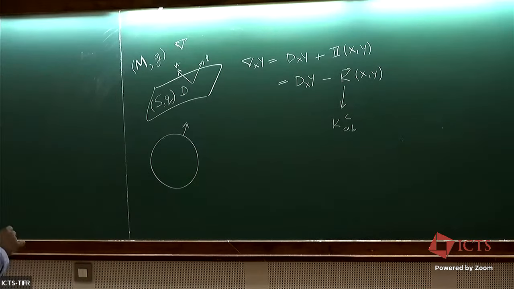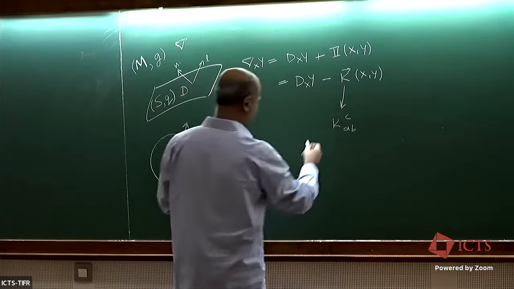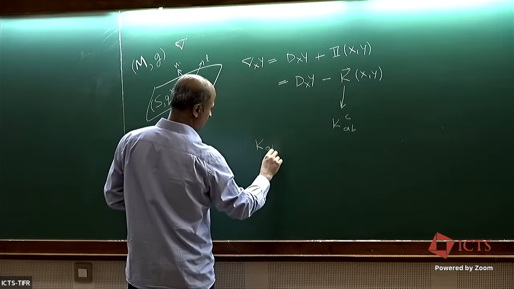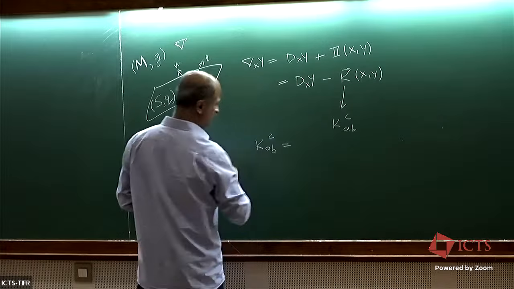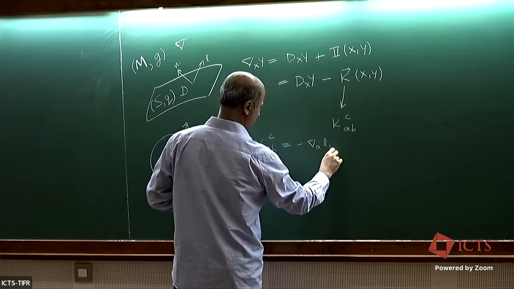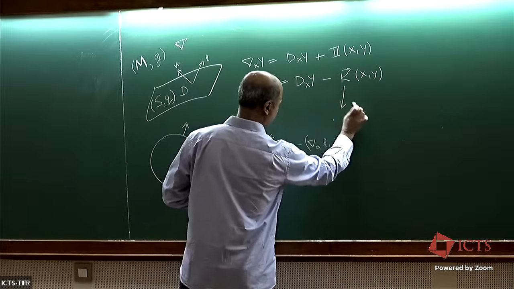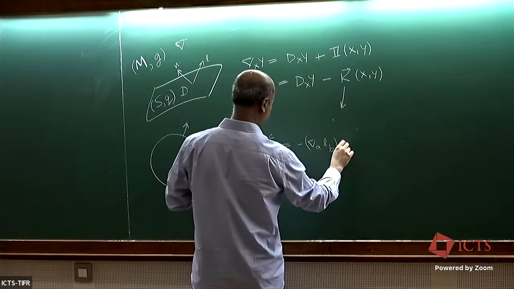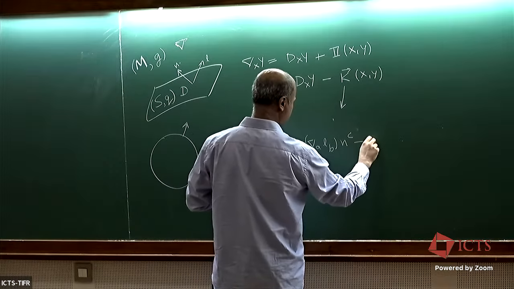Okay. And then we also saw that this K_ABC is of the form of negative B and C minus.